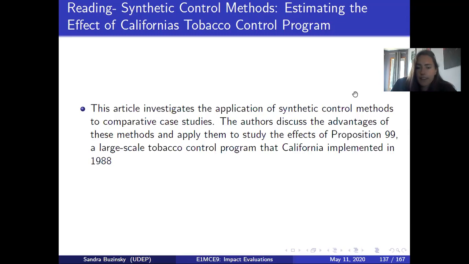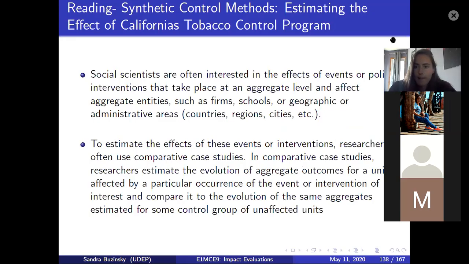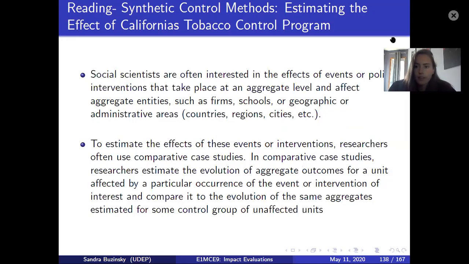Proposition 99 was a large-scale tobacco control program that California implemented in 1988, basically to reduce tobacco consumption in California. That's when it was just starting to become a big health concern.